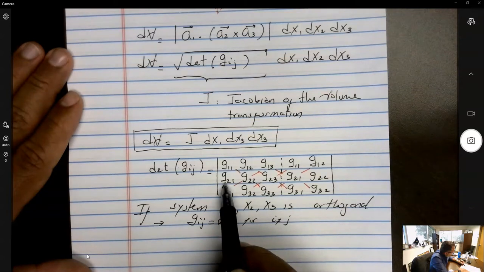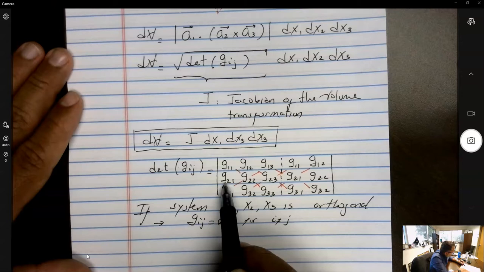So the only ones that are non-zero are g11, g22, and g33. As you can see, the only multiplication that is non-zero is the forward multiplication of the first diagonal. So the determinant of gij in these cases is simply g11, g22, g33. All the other ones go to 0.